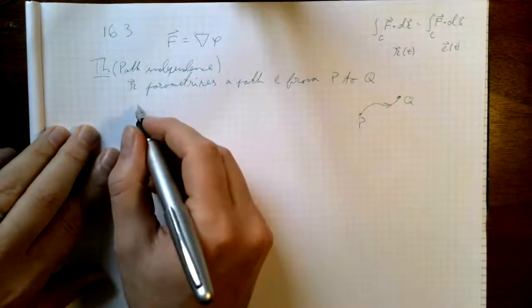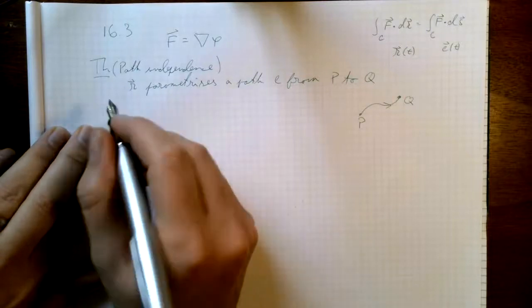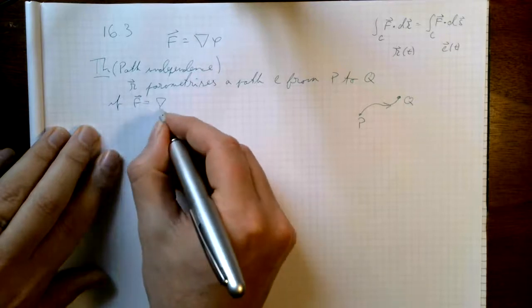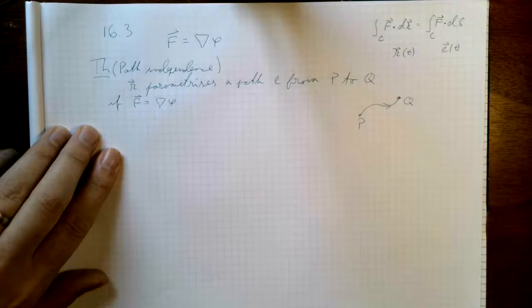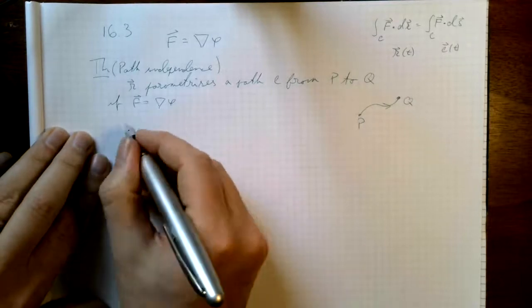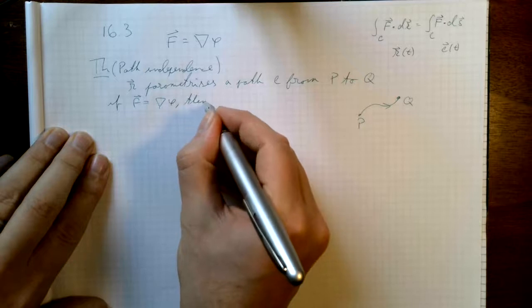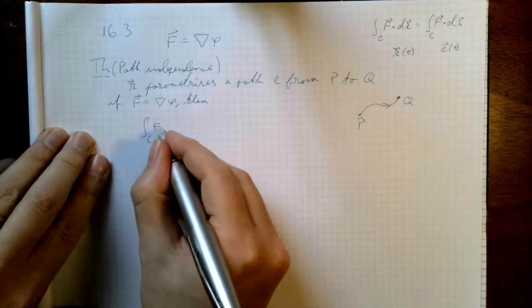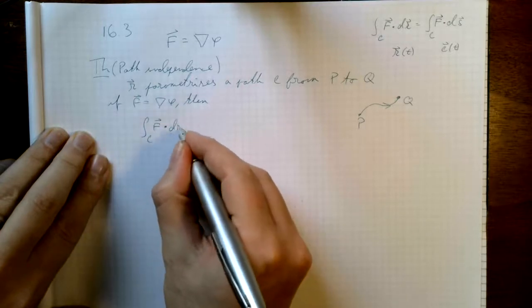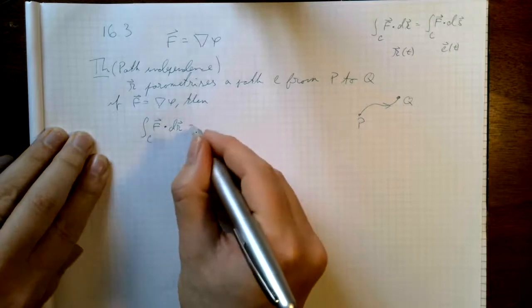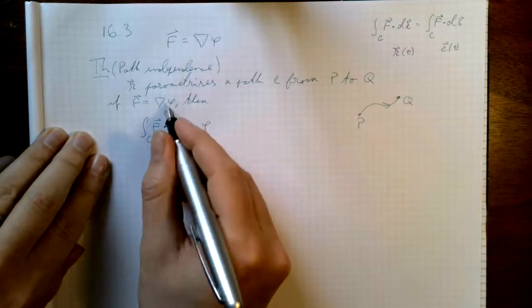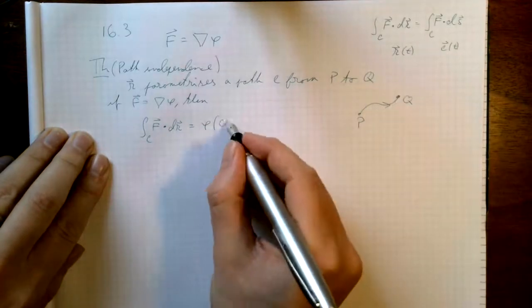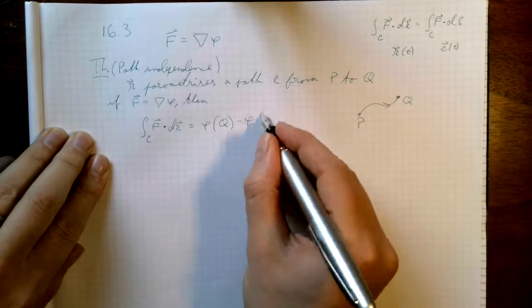Then if F is a conservative vector field, meaning it is a gradient of something, then what we have is that if I integrate this vector field F along C, this is just the potential evaluated at the final point Q minus the potential evaluated at P.